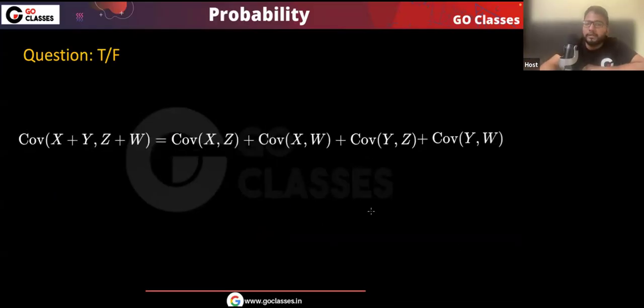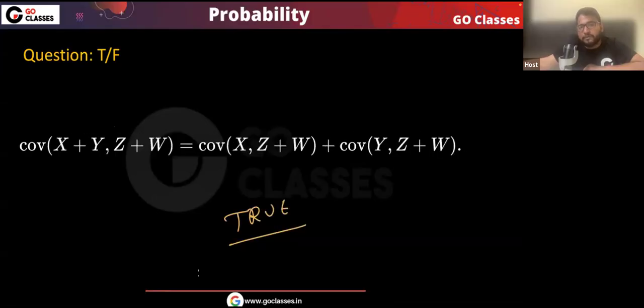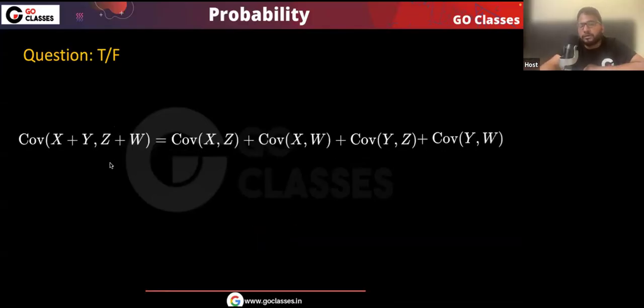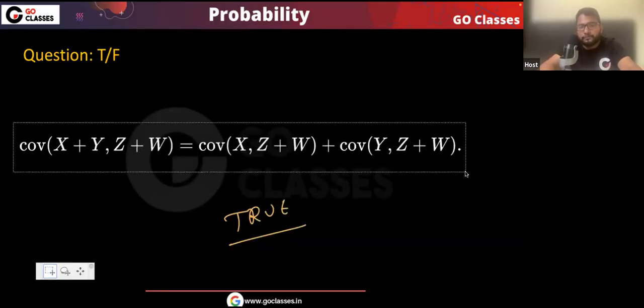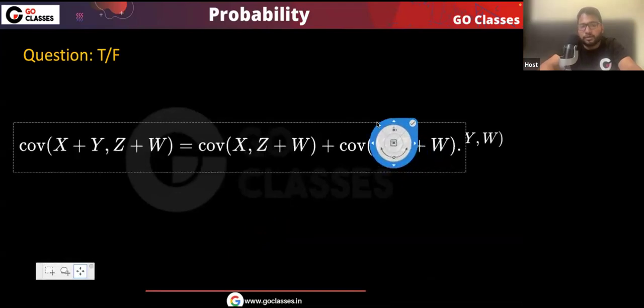Now, interestingly, let's just see this. If you want to fold it one more time, for example, this is X plus Y, Z plus W. Then is this true? So there's a difference between this and this. What is the difference? See, we have already proved this whole thing, right? Or it is easy to see.